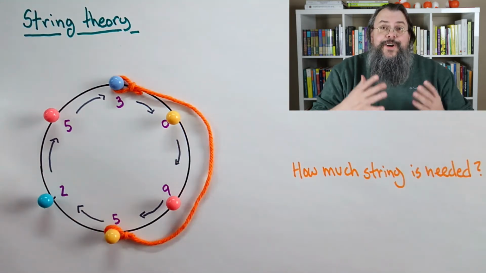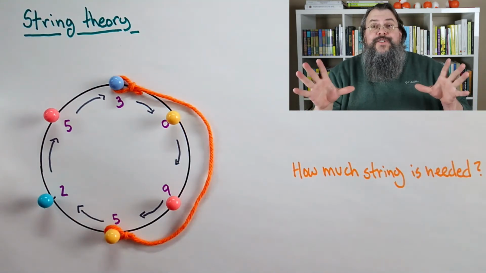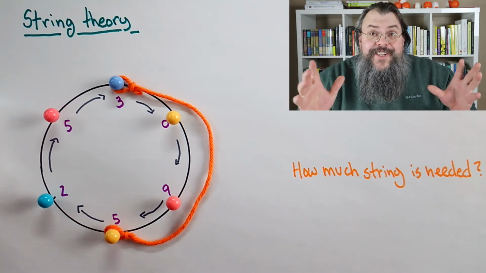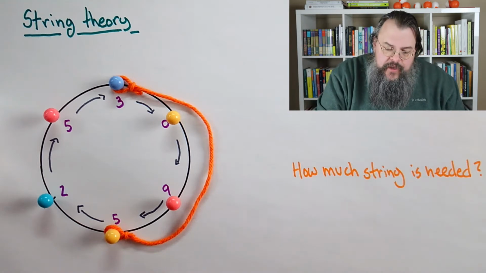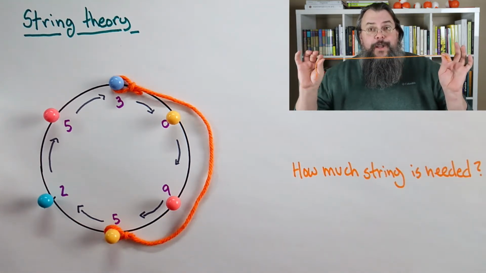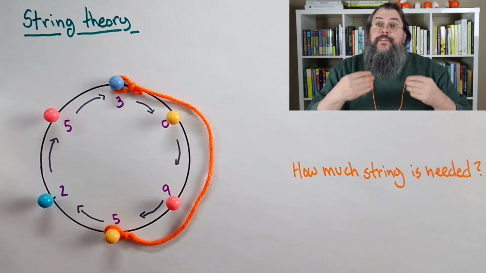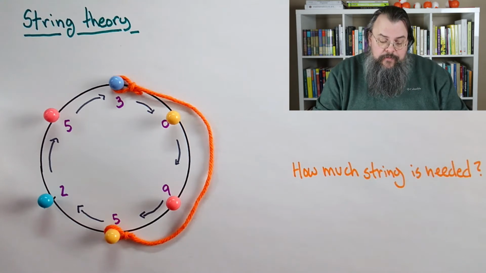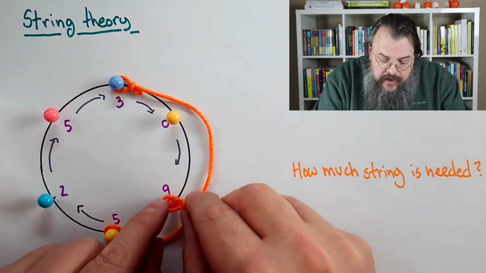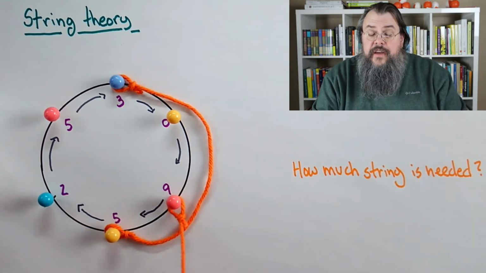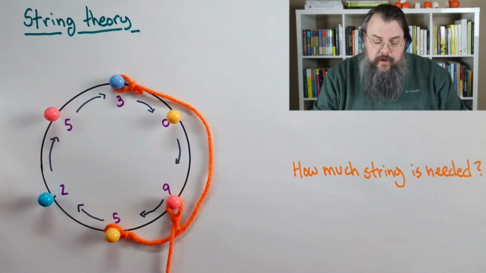Next is a 0. Well, that's really easy. No string is needed. Or, as you might say, no strings attached. All right, how about the 9? Okay, well, that's going to be really long. A lot of string here because it's a big number. The bigger the number, the more string that you need. So if you look, it's a total of 6 beats. And since 9 is bigger than 6, it means we're actually going to wrap around more than once.